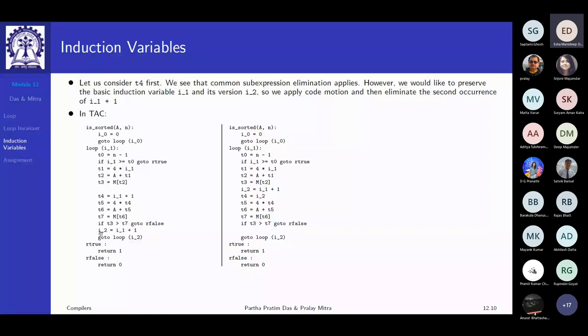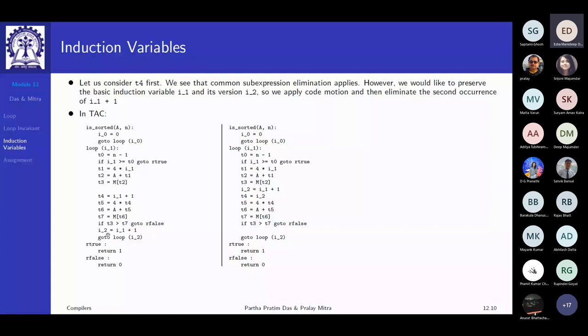Now, what will happen if we eliminate? Actually, by our earlier strategy, we will say T4 is already defined as I plus 1, so I2 can be set as T4.